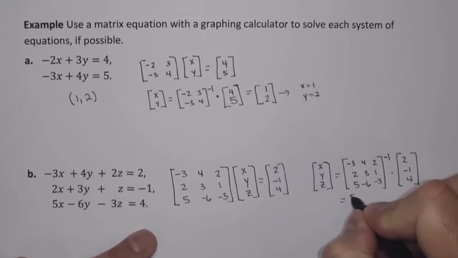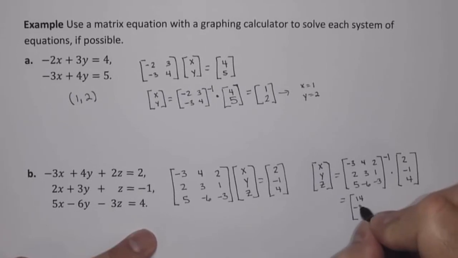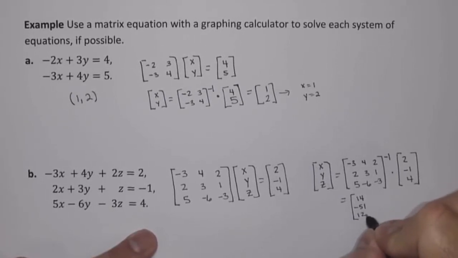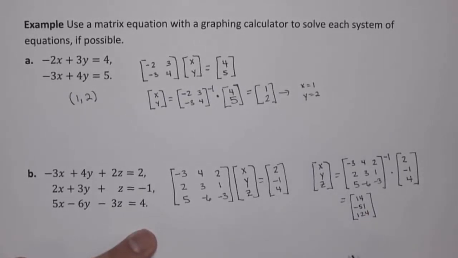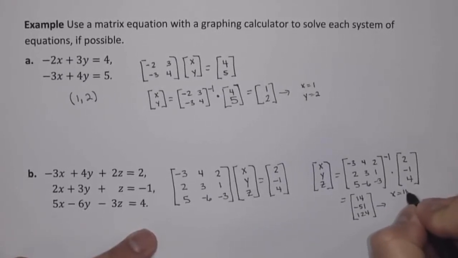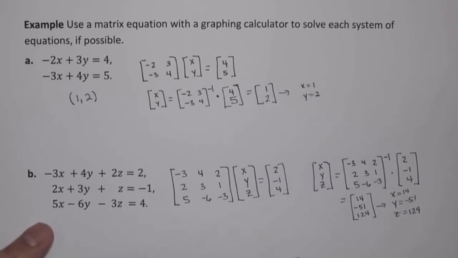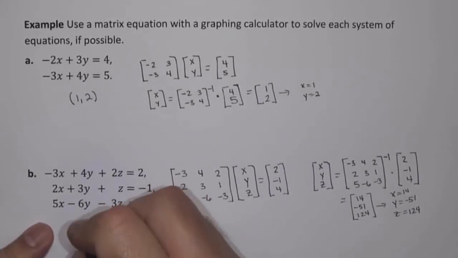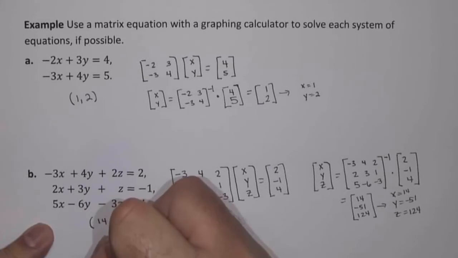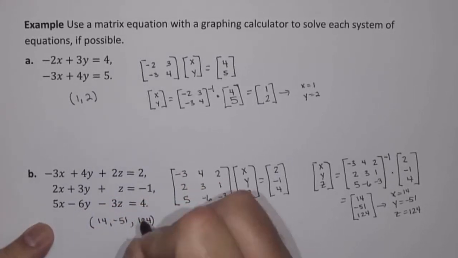So this is equal to the 3 by 1 matrix, 14, -51, 124. So that tells me that x equals 14, y equals -51, and z equals 124. So in other words, the solution is the ordered triplet, 14, -51, 124.